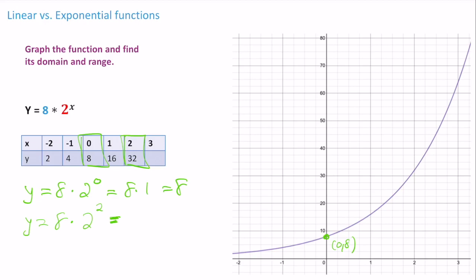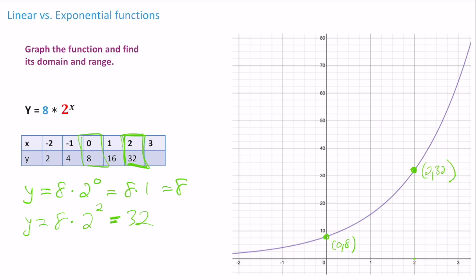And if you don't have a graph paper, you can just do it on Desmos. Just type in those coordinates on Desmos and it'll show you the same thing. So anyway, to finish up this, 2 to the second power is 4, so 8 times 4 is 32. And sure enough, so we got right here, 2 and 32. So go over to 2, jump up to 32, which is right here, so 2, 32.